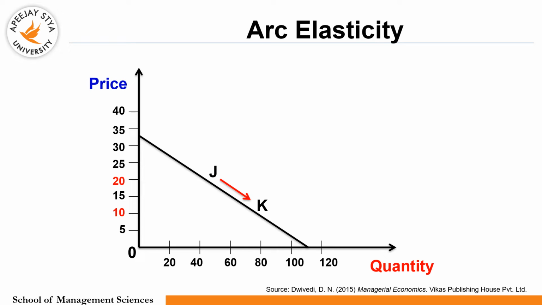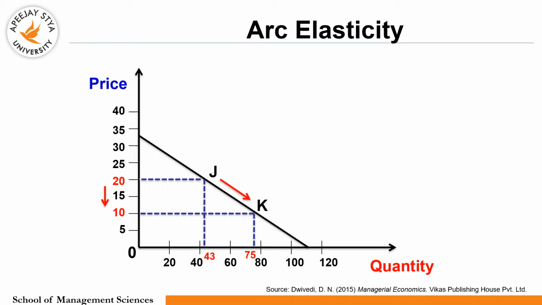The measure of elasticity of demand between any two finite points on a demand curve is known as arc elasticity. For example, the measure of elasticity between points J and K is the measure of arc elasticity. In this diagram, the movement from point J to K on the demand curve Dx shows a big fall in the price, where price is falling from rupees 20 to 10.